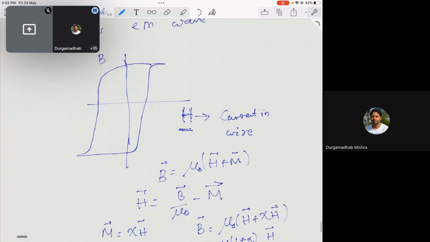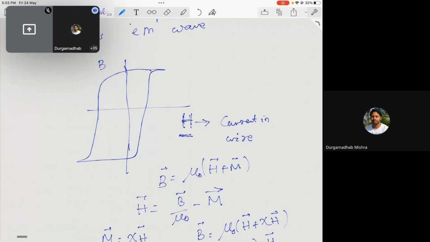So for a ferromagnet, you get a hysteresis, which means what is the magnetic induction, what is the magnetic field that is generated due to this applied magnetic induction, or nowadays you can simply call it the external magnetic field.